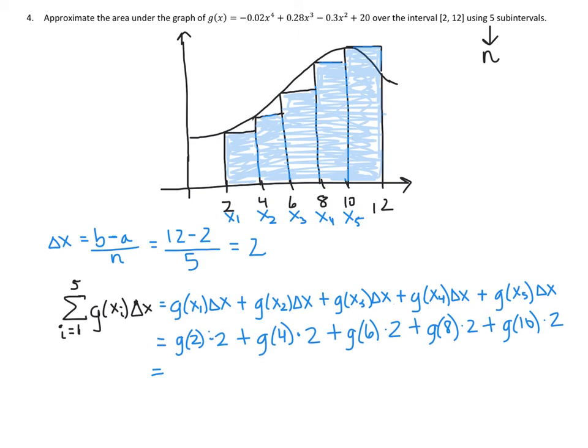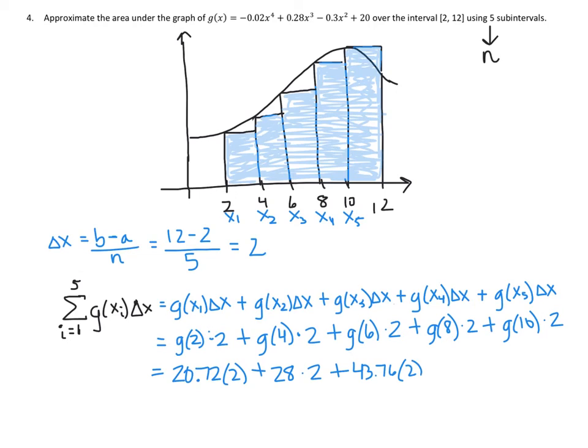So g of 2 is 20.72, and then that is times 2 plus g of 4. And g of 4 is 28 times 2 plus g of 6. G of 6 is 43.76.